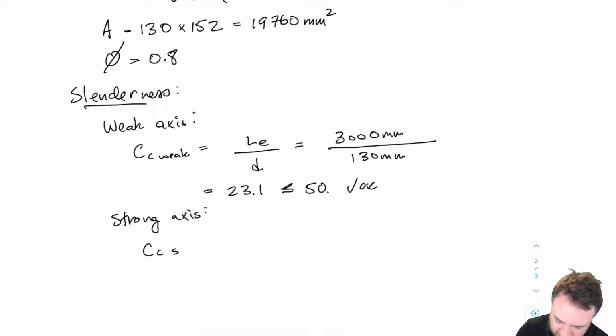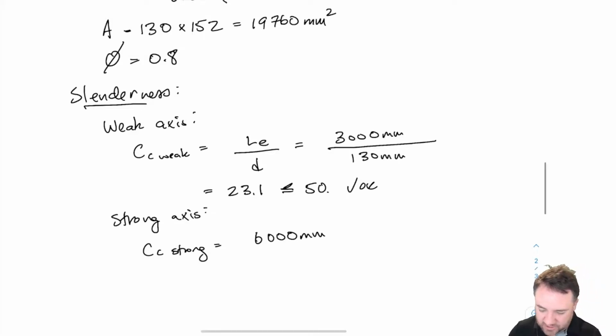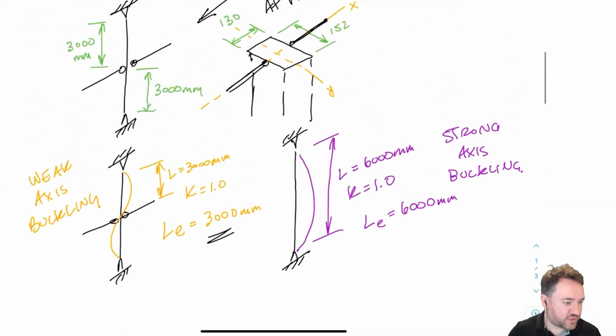Okay, CC strong. Now we have our 6,000 millimeters, which is the buckling length for our strong axis buckling, which is the purple one on the right. Okay, because the restraints do not prevent the column from buckling out of plane. They only prevent it from buckling in plane, right?